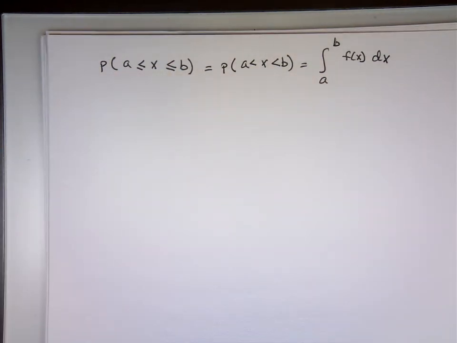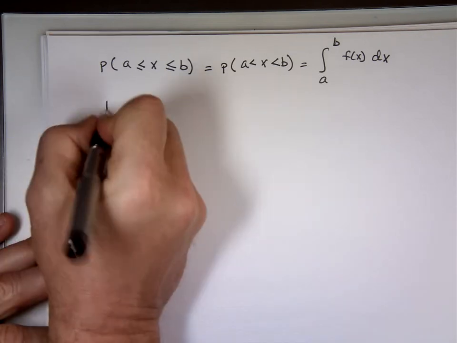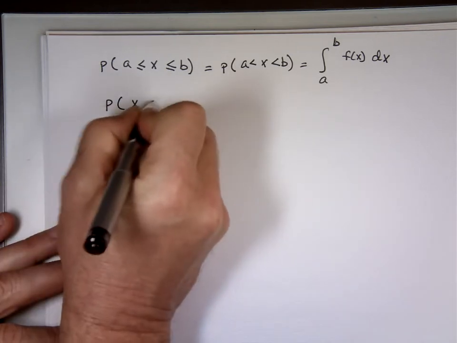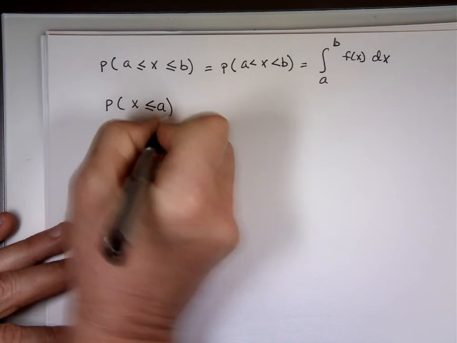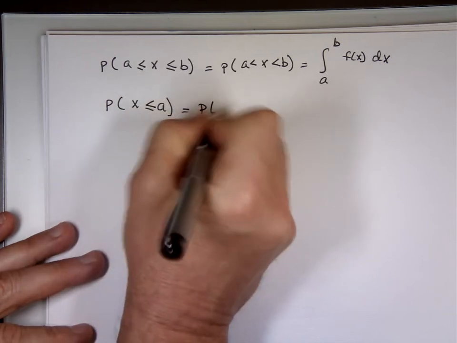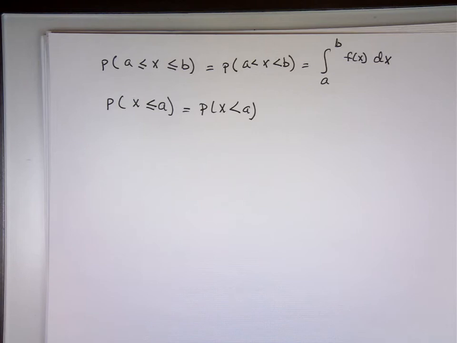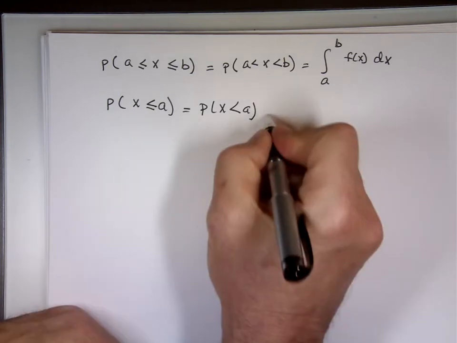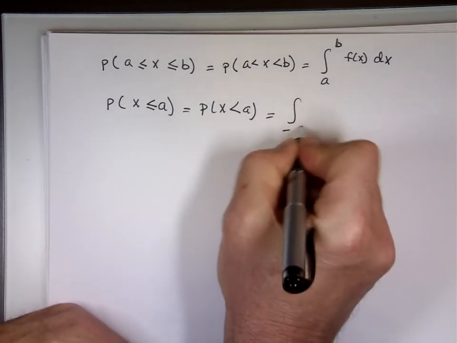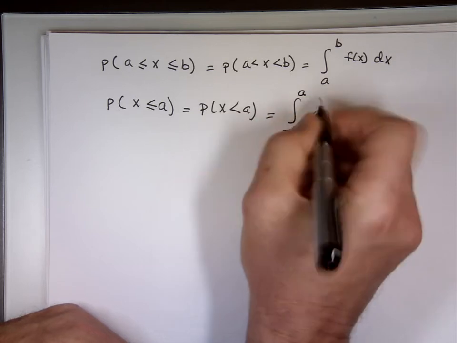If you want to find the probability that x is less than or equal to A, or x is less than A, what do you integrate from where to where? Yes, from negative infinity to A of f of x dx.